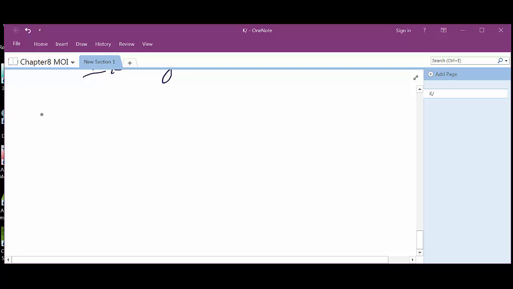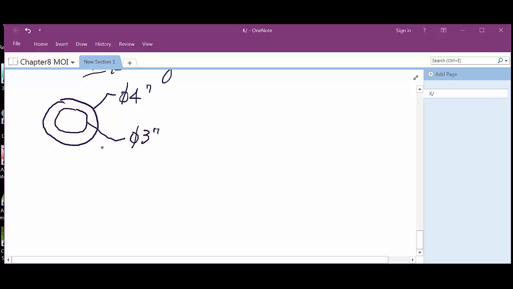So we've got outside diameter of 4 inches and inside diameter of 3. That looks like crap. Now, normally I would put a plus symbol and all that in there and make it look like a real drawing. I'm not going to do that right now.